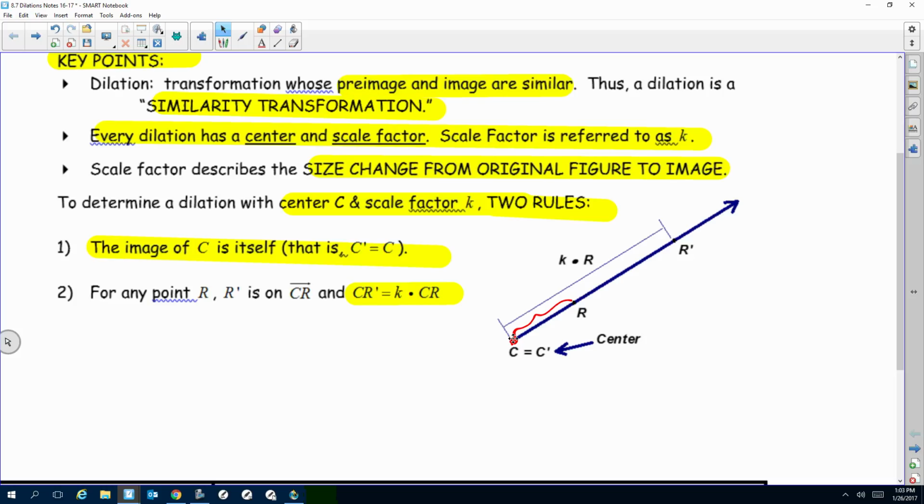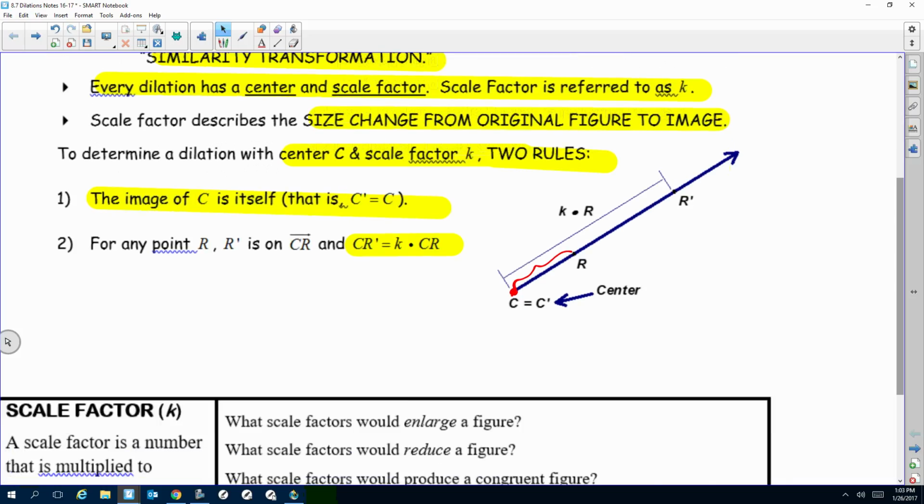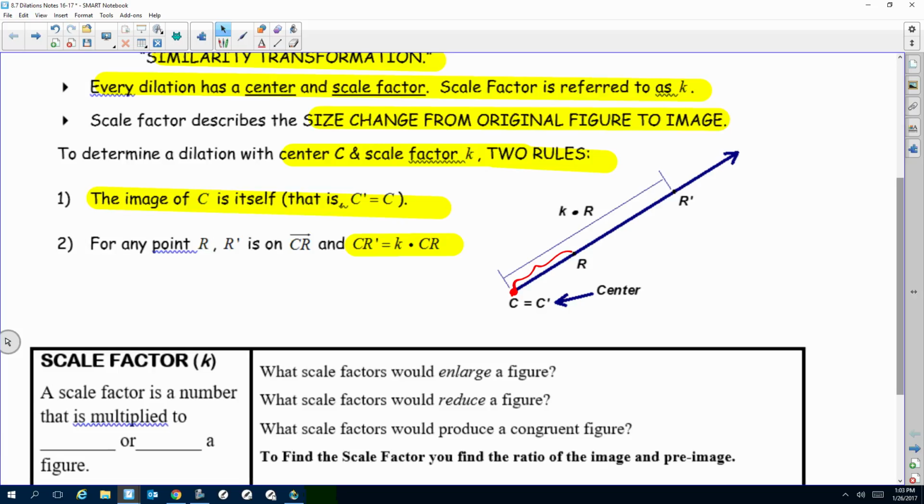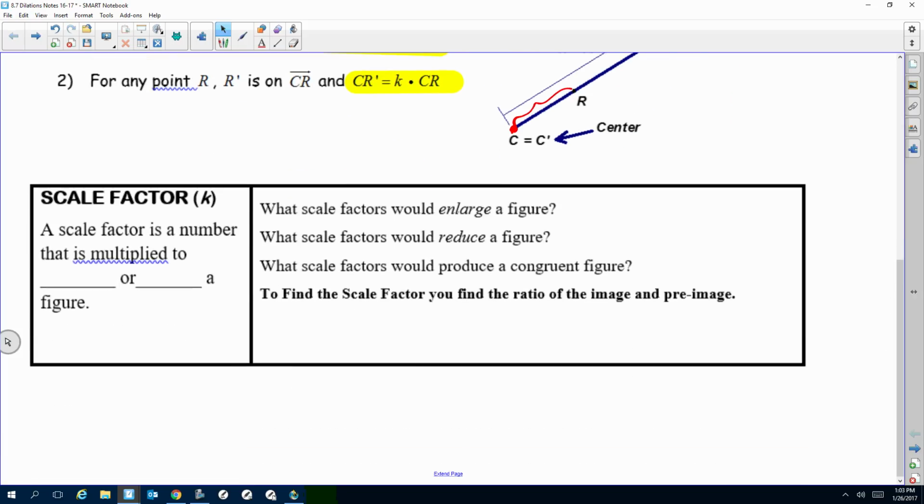In our table that you have underneath this, and I'm going to scroll this up a little bit, the scale factor is the number that is multiplied to your X and Y coordinates or the side of a figure. So we're multiplying the scale factor to our coordinates, to our pre-image, or to the side of a figure.